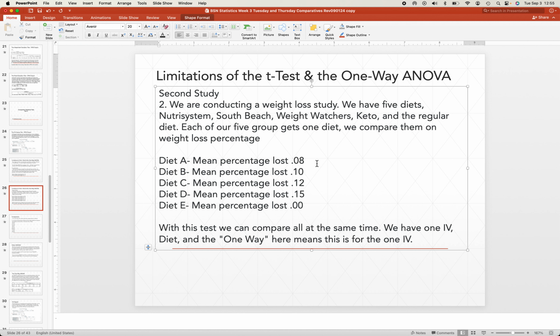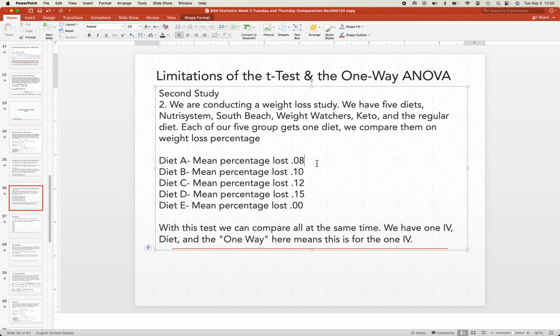Anybody 0 to 2,000, we'll call them non-exercisers. Anybody that's 2 to say 5, we'll call them low-level exercisers. 5 to 10,000 maybe are exercisers. 10 to 15,000 or more would be maybe heavy exercisers.